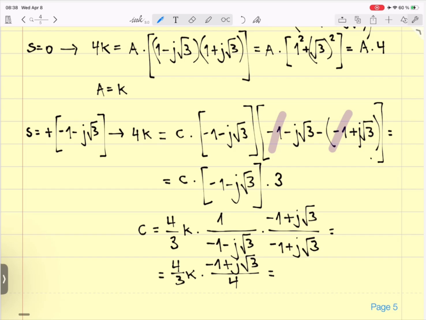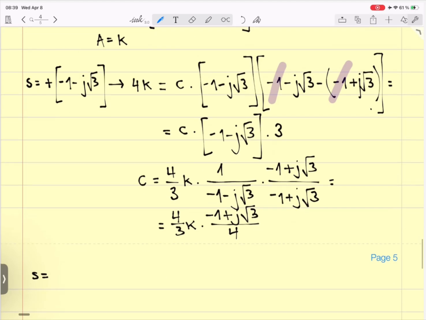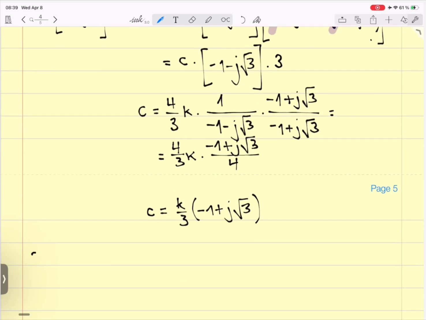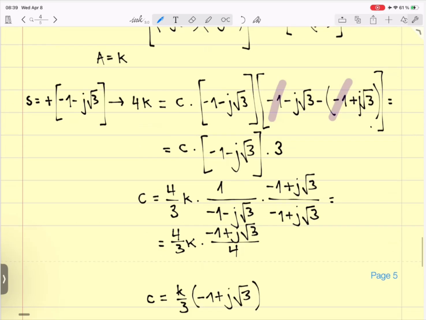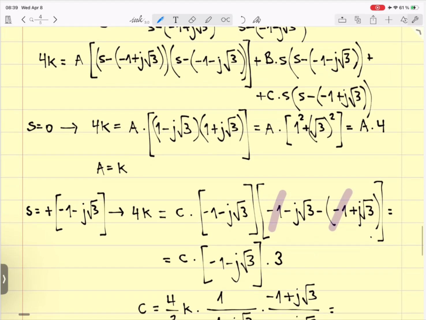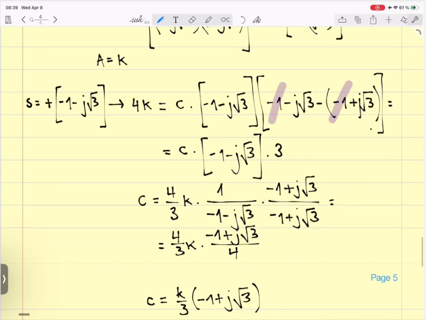So c is going to be k divided by 3 times (minus 1 plus j square root of 3). Okay, so this is correct. And for the other value, we want the c to be 0, so we want it to be minus 1 plus j square root of 3.